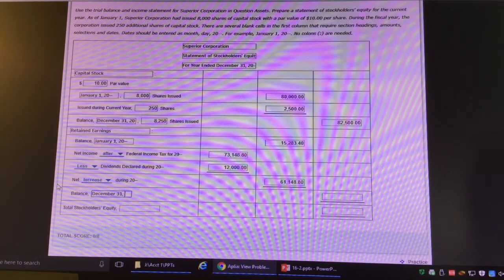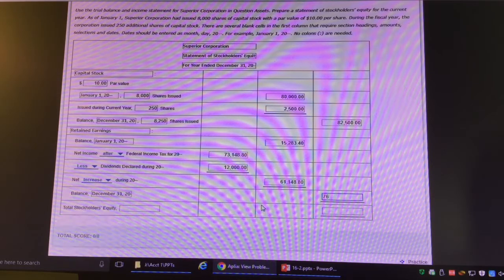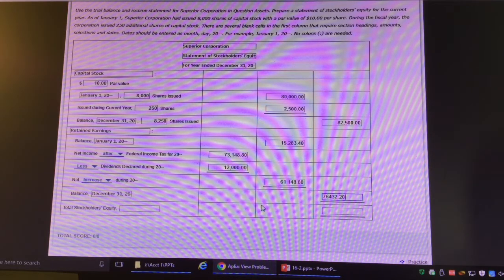We're almost done. The balance at the end of the year, December 31st, 20--, is the addition of the 61,000 and the 15,000. So you have your beginning balance and your net increase, and this gives us $76,432.20.